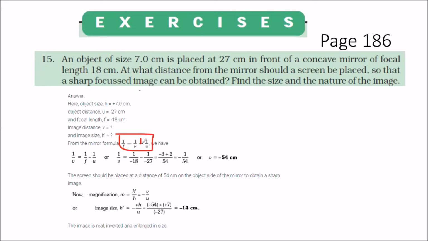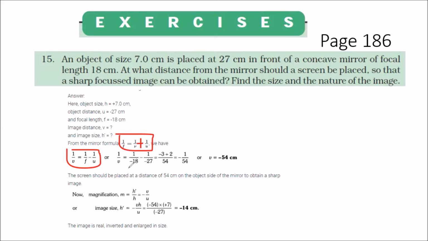The formula is 1 by v plus 1 by u equals 1 by f. So when we substitute, we have to find the image distance. When we take it on the left side, 1 by f minus 1 by u equals 1 by v is our formula, half mark for this, where now we will just substitute the values.